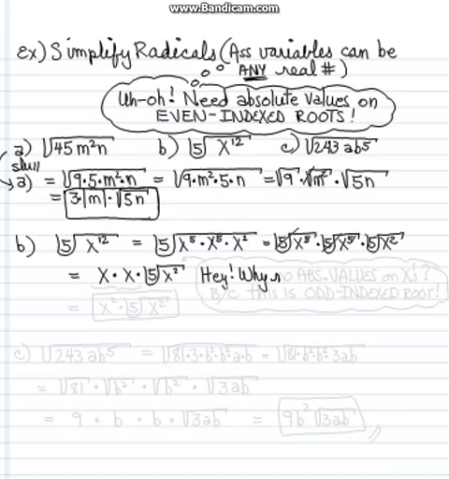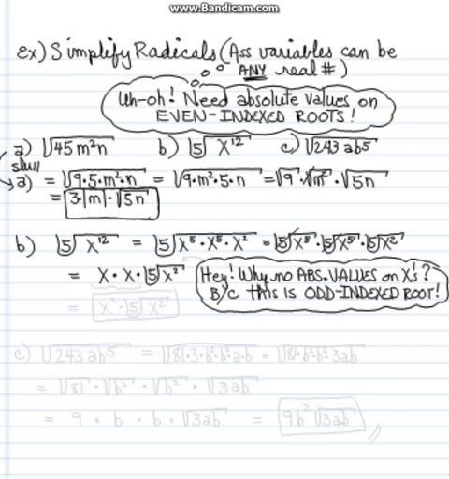I just want to make a big deal about that. Hey, no absolute values on our x's. Why is that? Because this was an odd index root, so we didn't have to do it. Doesn't matter whether the odd index root answers are positive or negative. They are what they are. Okay, so this x times x, I'm going to rewrite that in exponential form. It's x squared times the radical fifth root of x to the second power.